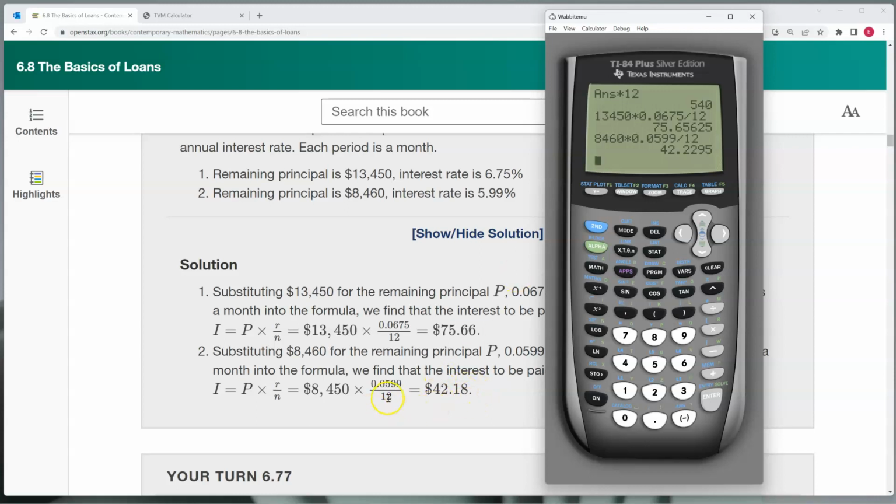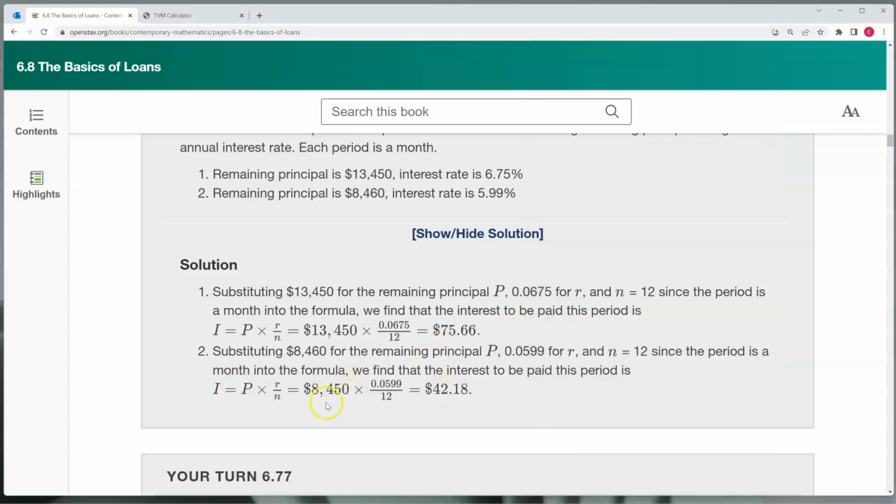Oh, sorry, I mistyped here. Let's go up here, and I added $10. So that knocks our interest payment down to $42.18.